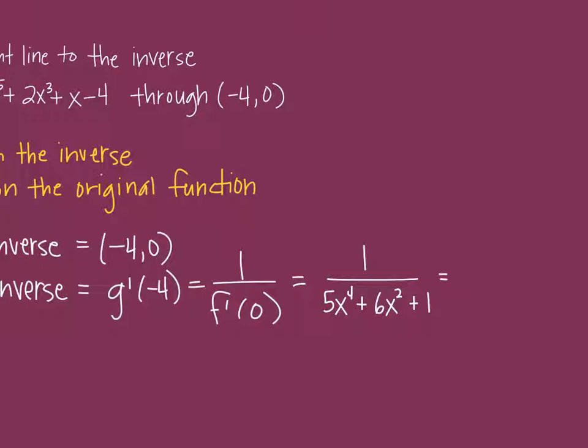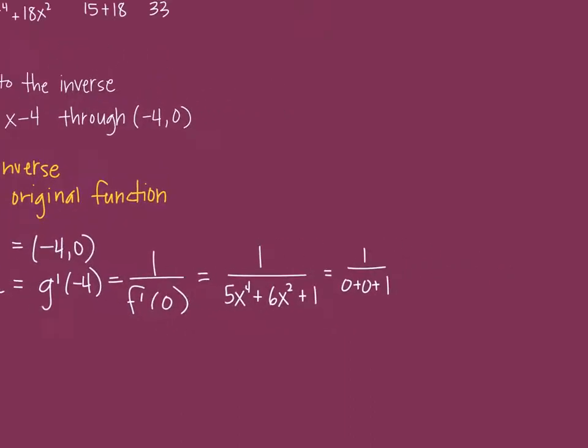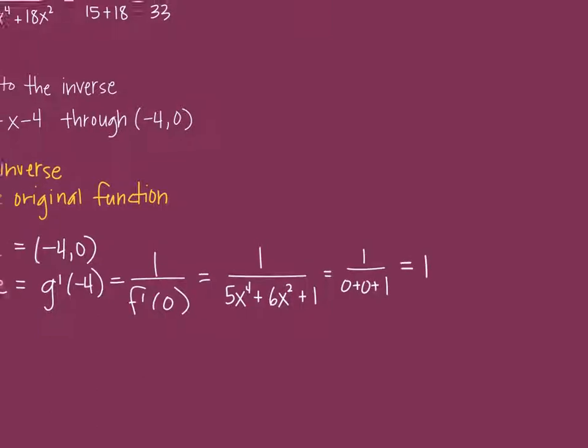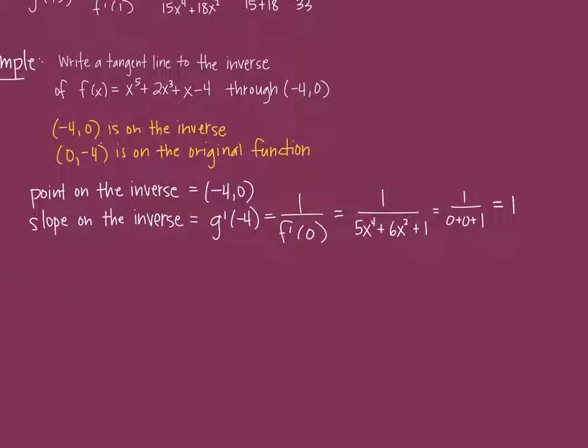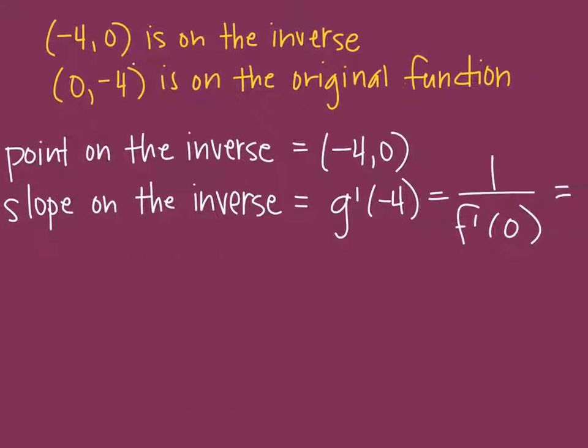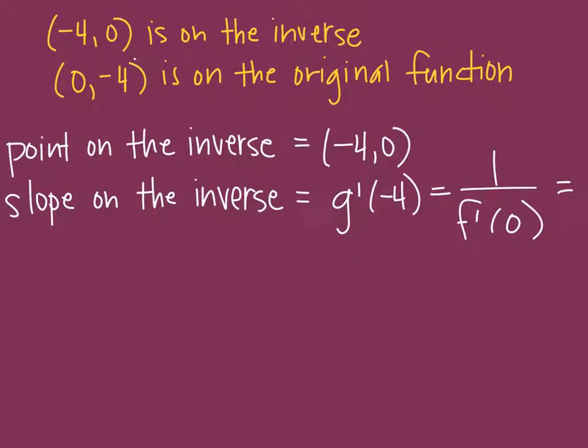When I plug 0 in there, I'm going to get 1 over 0 plus 0 plus 1. So I get 1 for my slope. And so now I've got 1 for my slope, and I have my point on the inverse. So my tangent line is going to be y minus 0 equals 1 times x plus 4.